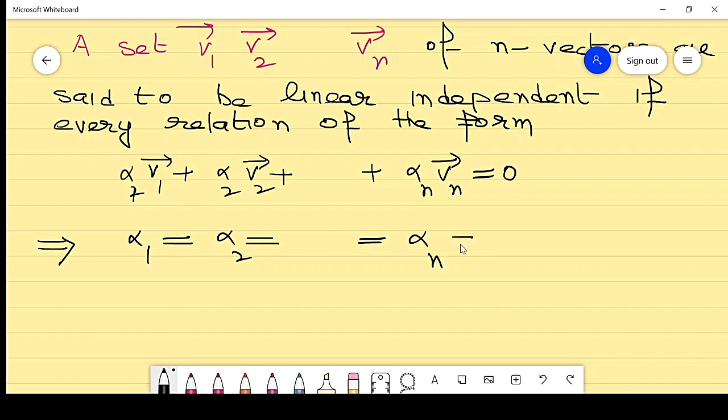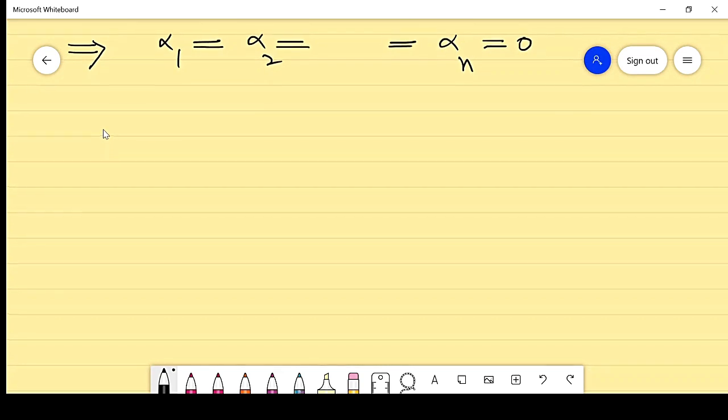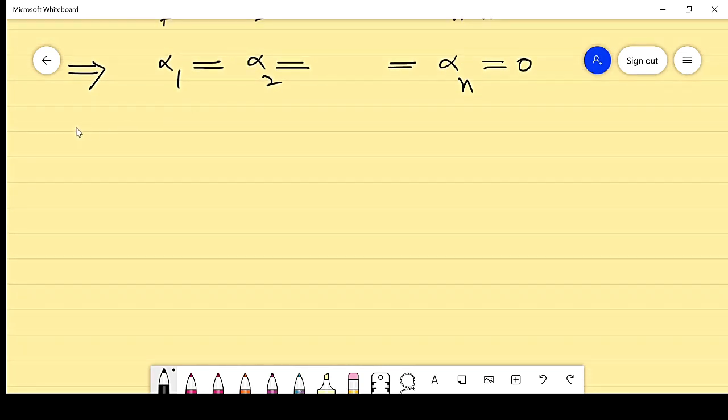All scalars should be 0. Then it is called a linear independent vector. Otherwise it is linear dependent. So if all the scalars are 0, then linear independent. Remember this. If at least one is non-zero, then it is called a linear dependent vector.